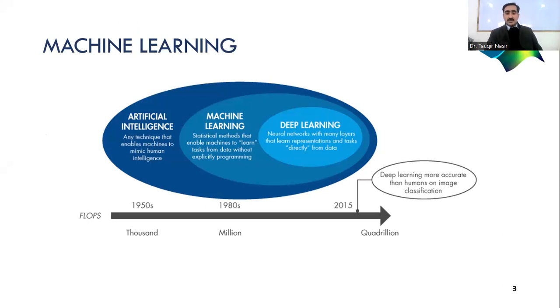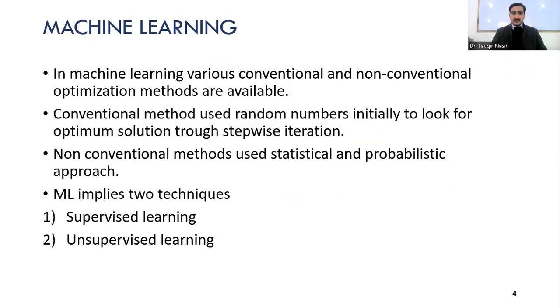Machine learning is a method where we use statistical methods that enable machines to learn tasks from data without explicitly programming them.